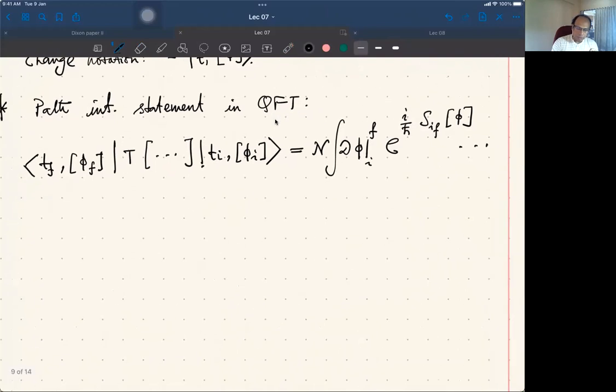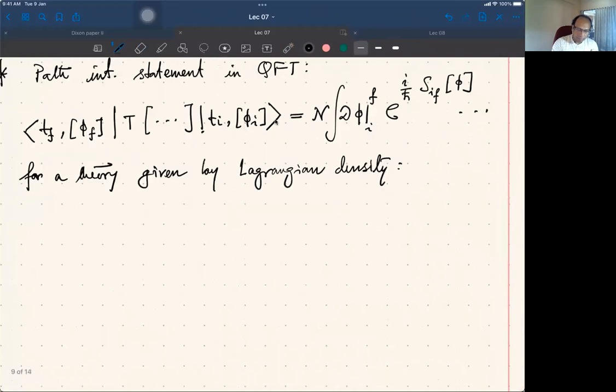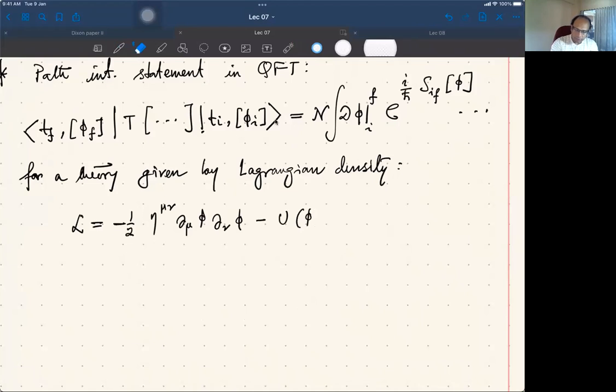So this is true for a theory given by Lagrangian density minus half eta mu nu del mu phi del nu phi minus U of phi, where this phi is actually phi of x.